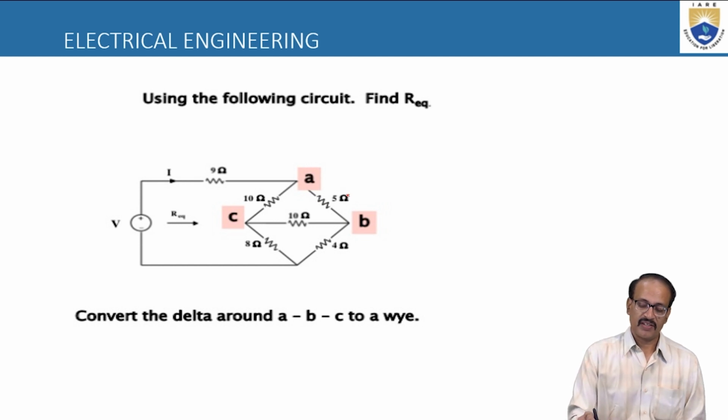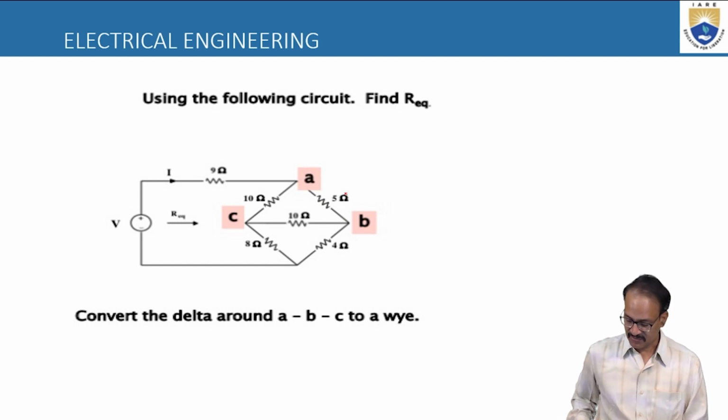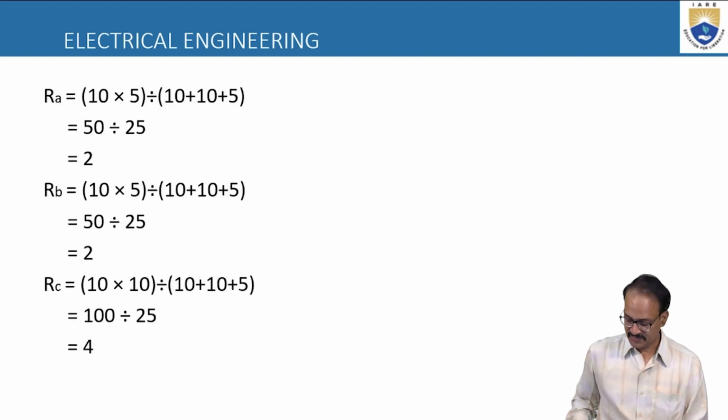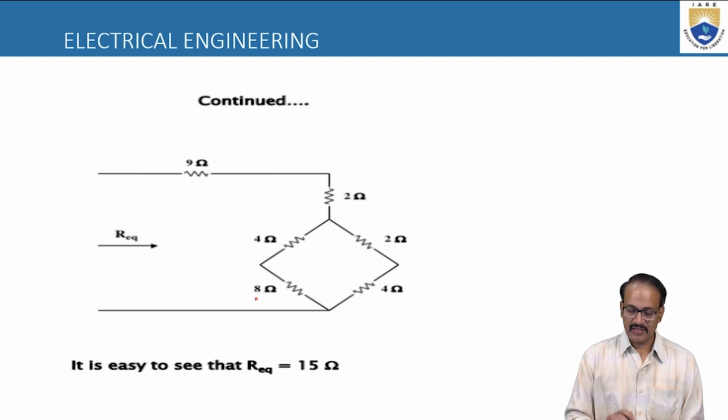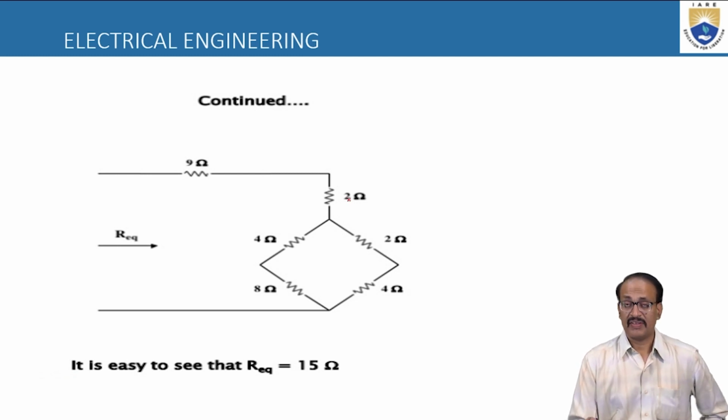So for point A, 10 into 5 by 10 plus 10 plus 5. And RB, 10 into 5 by 10 plus 10 plus 5. And RC, 10 into 10 by 10 plus 10 plus 5. So that is equal to 4 you will get. And so I have replaced it here. Okay. So that is 2 ohms and 4 ohms and 2 ohms.